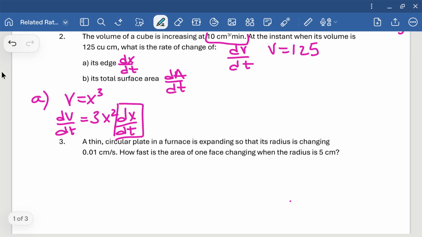We'll have this extra step because we don't know x. But if you know that the volume is 125, that's a given, then we can figure out what x is by just taking the cube root of both sides, and we'll see that x equals 5.